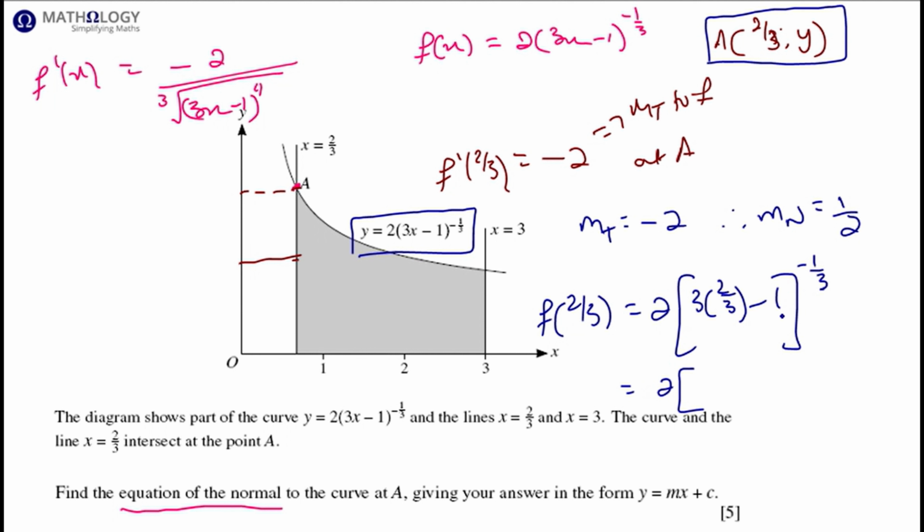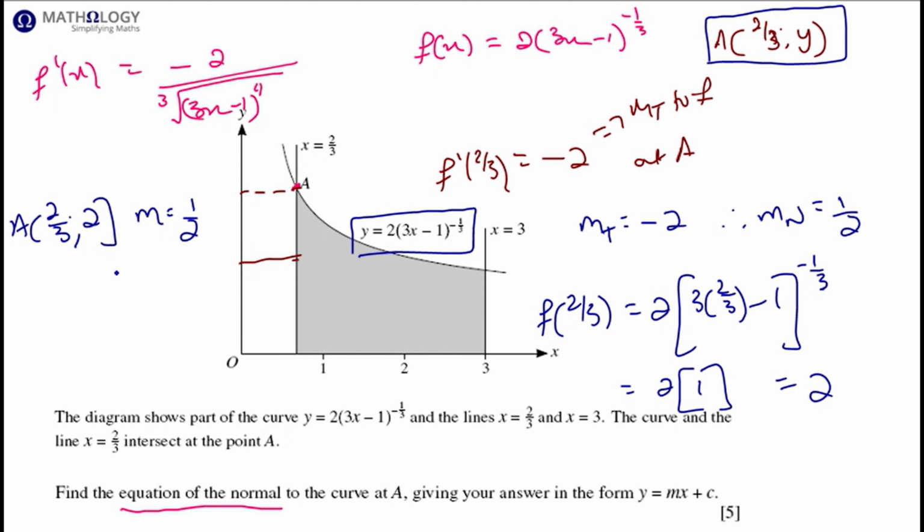That's 2 times, 3 times 2/3 is 2, 2 minus 1 is 1, so 1 to the minus a third is still going to be 1. So that means that f of 2/3 equals 2. In other words, A is the point (2/3, 2), and the gradient of the normal is a half.